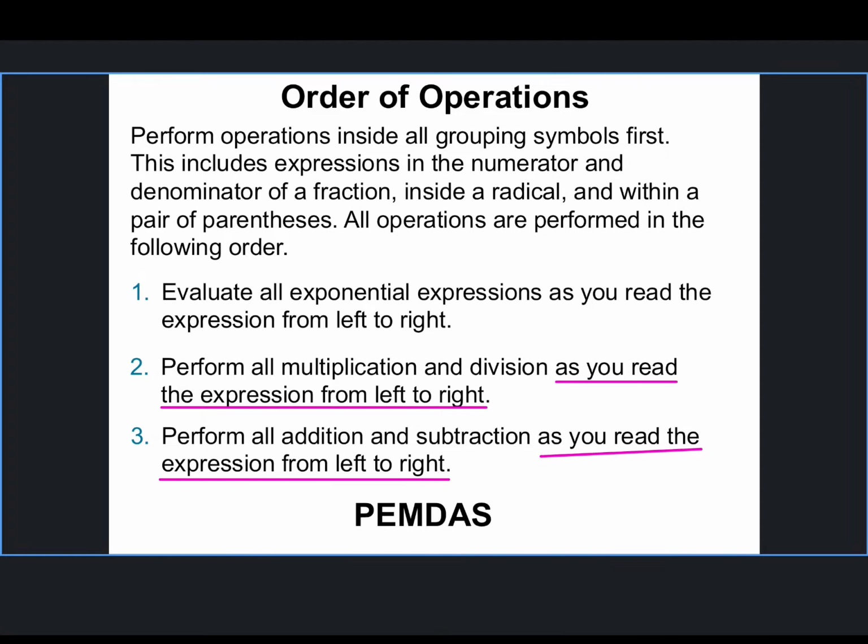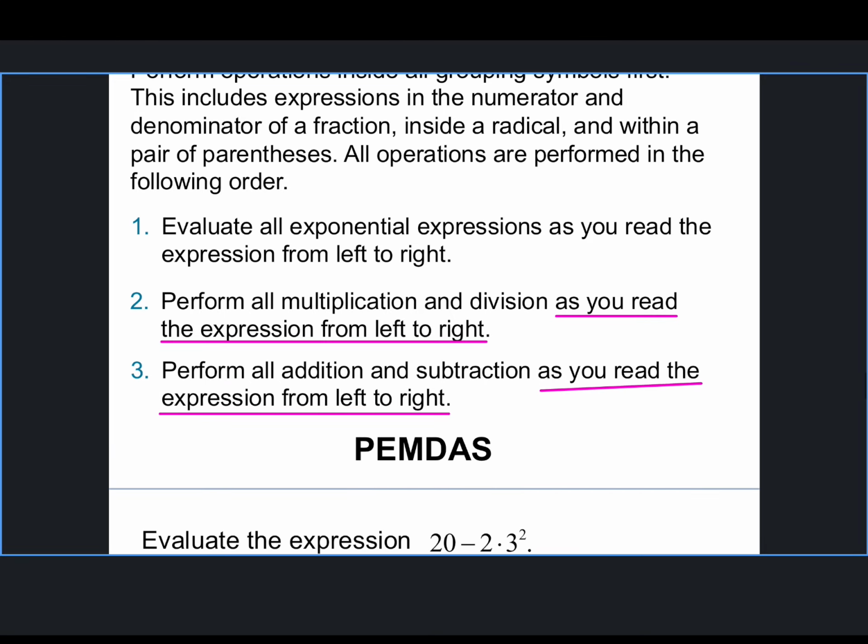So this is where you've probably heard PEMDAS, right? If it's lined up in order, that's fine, but that almost has us treat them separately. The way I want you to think of it is, I want you to do all the P stuff first. Then all the E stuff.